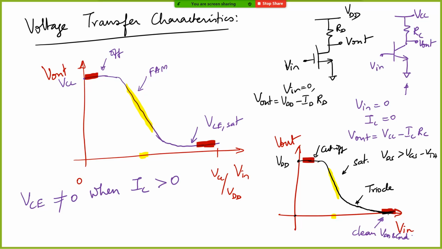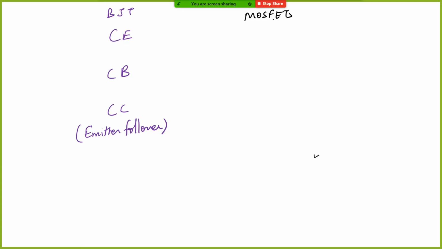Now let me just quickly move over. Just like how you have a CE amplifier in BJTs, then a common base amplifier, and a common collector amplifier, which is also called an emitter follower, similarly in MOSFETs, this is called a common source amplifier, where you have a resistor something like this.